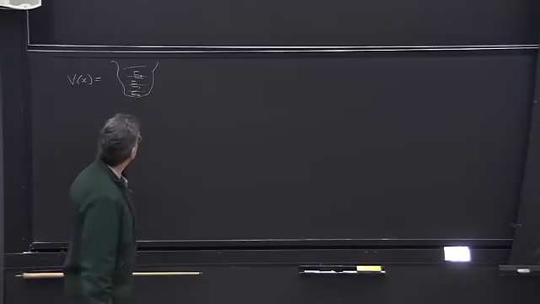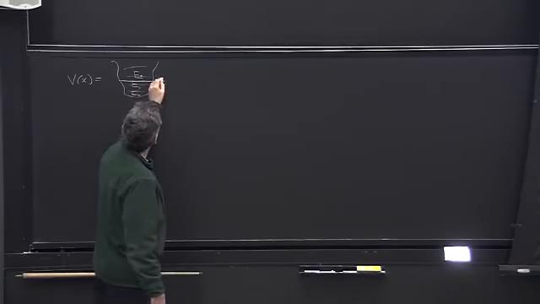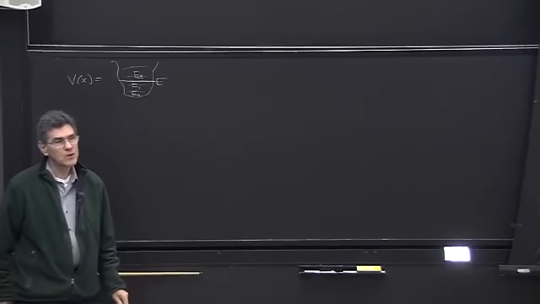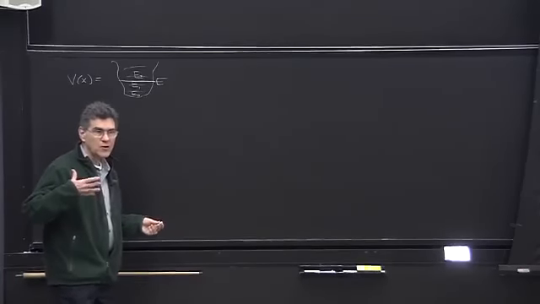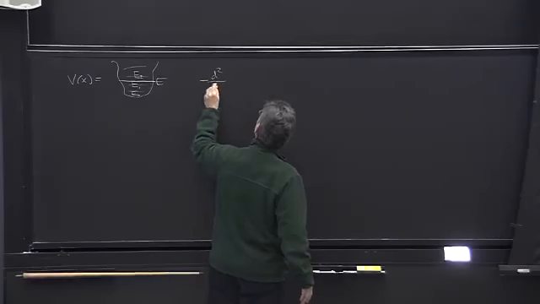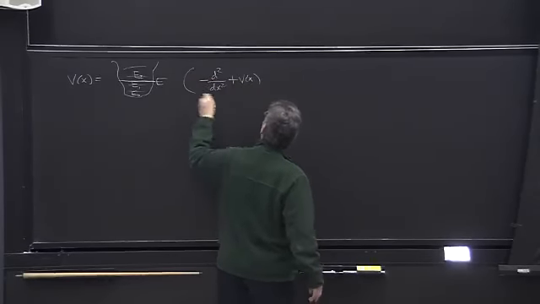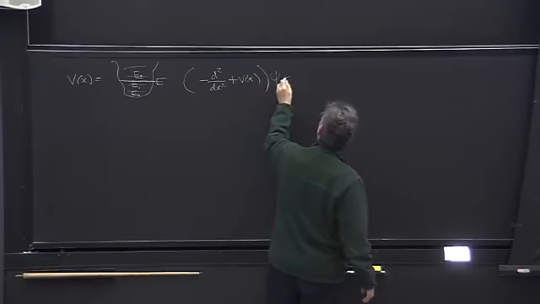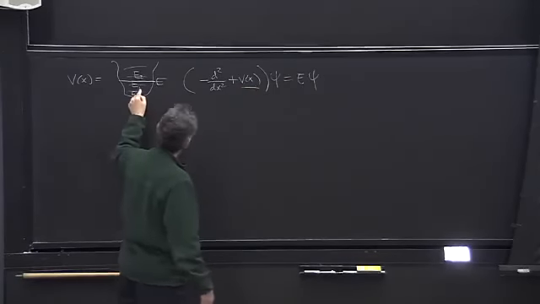And what we said was, if you put an energy, E, in this potential well, and you're solving the Schrodinger equation, which is minus d squared dx squared plus v of x psi equals E psi, okay? So V is this potential.